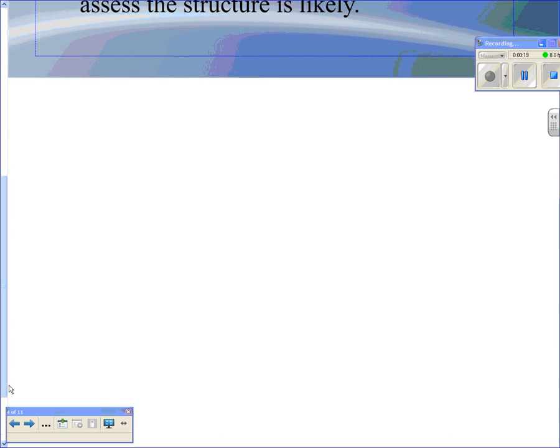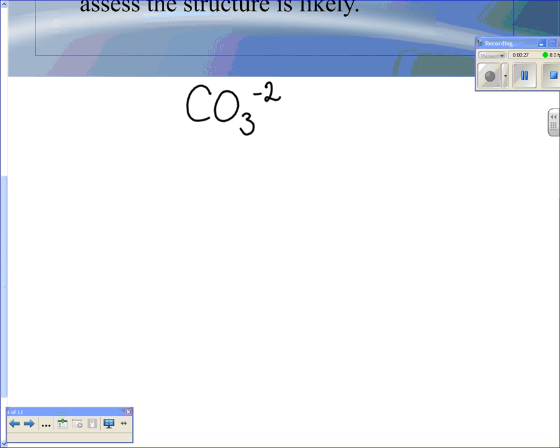So first thing I need to know in CO3 negative 2 is how many electrons are available to make bonds. And so how many valence electrons are available in this compound. So I just look at the individual elements, and I know that carbon is in group 14, which has 4 electrons in its outer shell, and oxygen is in group 16, which has 6 electrons in the outer shell, but there are 3 oxygens.